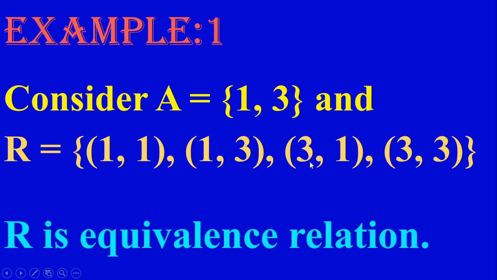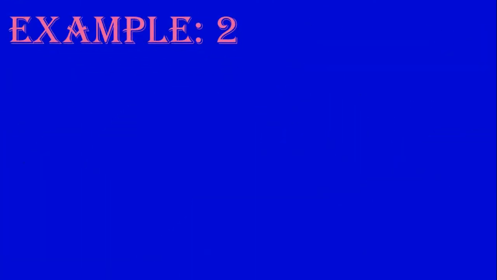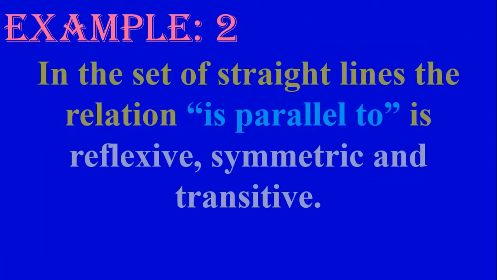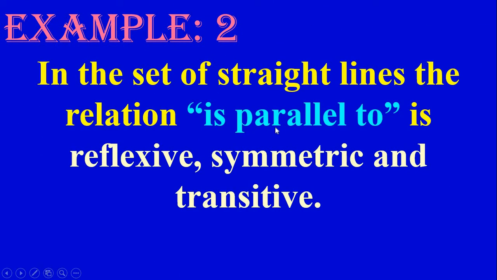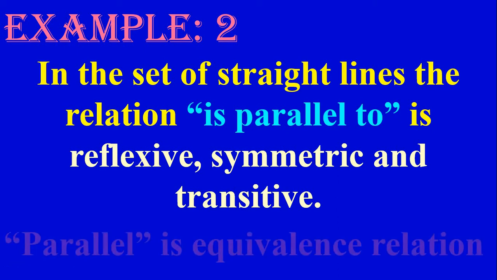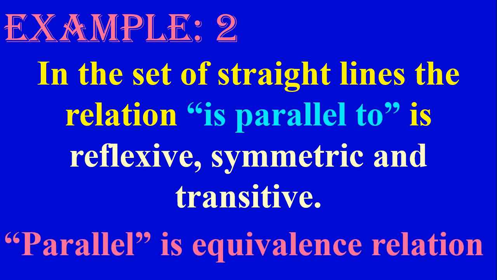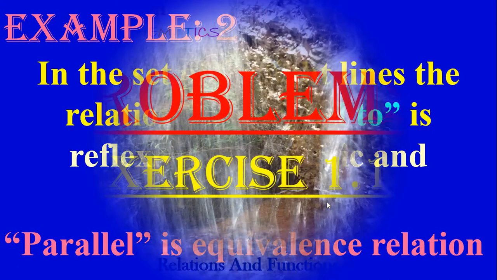So this relation is reflexive, symmetric and transitive, hence it is an equivalence relation. In example 2, the relation parallel in the set of straight lines is reflexive, symmetric and transitive, hence it is an equivalence relation.